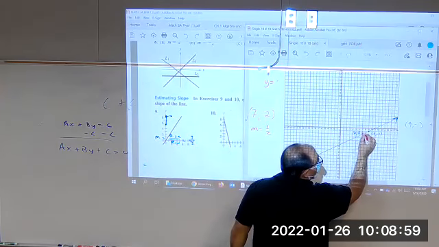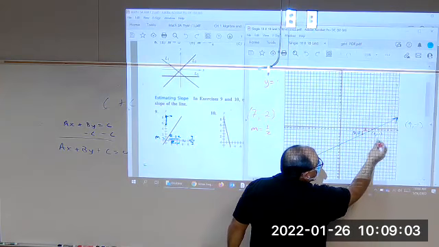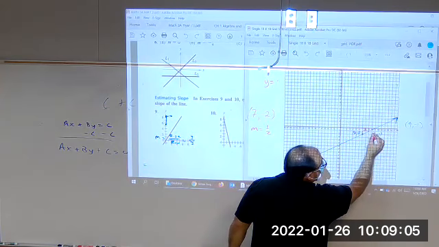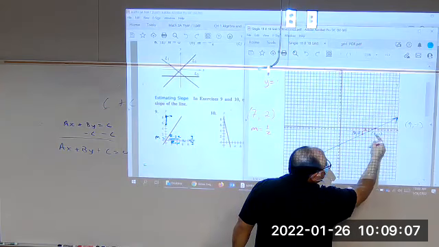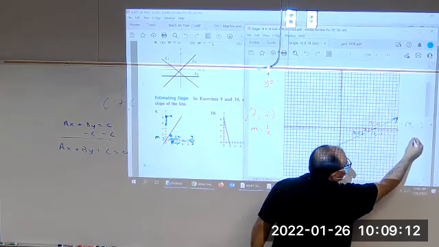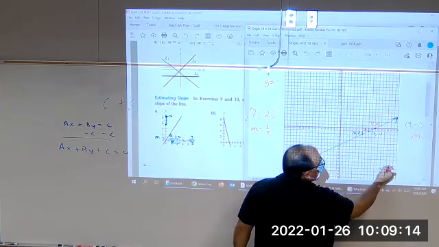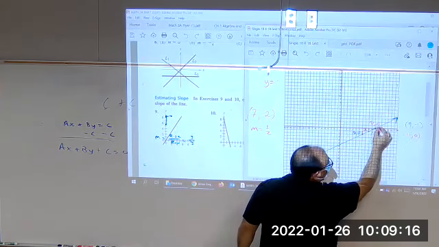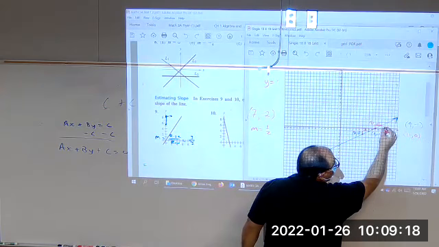Up 1, over 2. If I go up 1 again and over 2, that puts me at x equals 11, y is 0. If I go up 1 and over 2 again, that puts me at 13, 1.